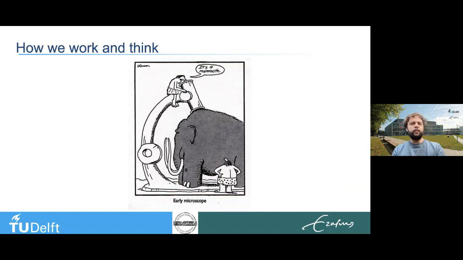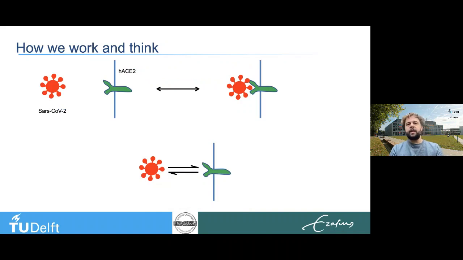So how do we work and think? Well, it all started, of course, in biology with microscopy, light microscopy, so what can we see? But we go even smaller. For that, I would like to give you a timely example of the SARS-CoV-2 virus.